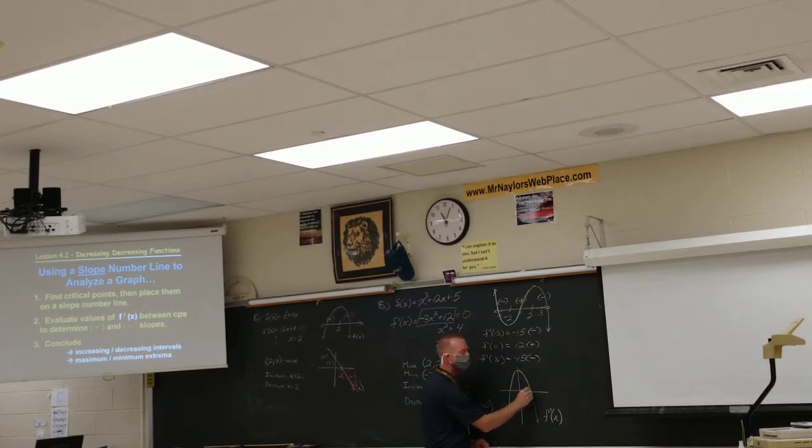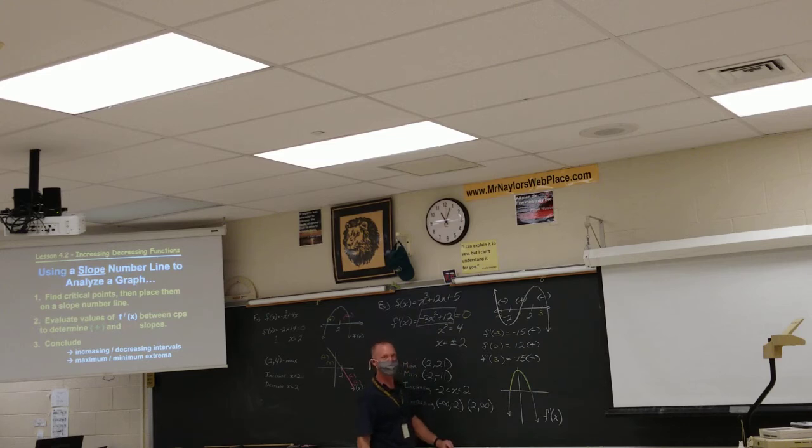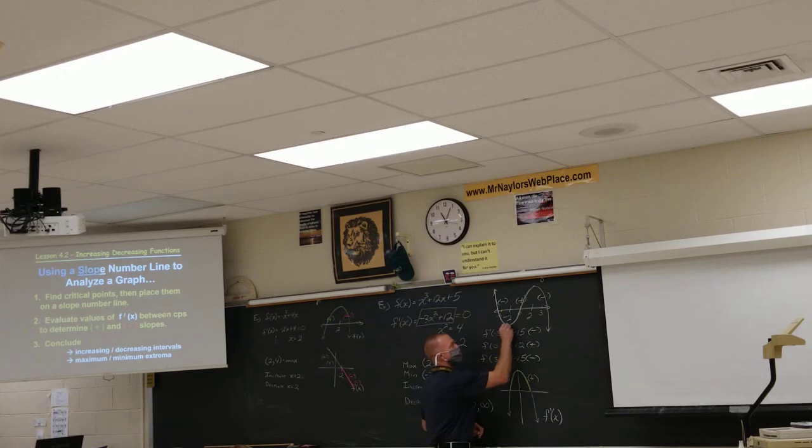It's simply saying that there are some positive values. I don't really care that the graph is turning or curving. I just care that it's positive. And when you have positive values, you have positive slope. That's the same as the positive slope that was shown right here.